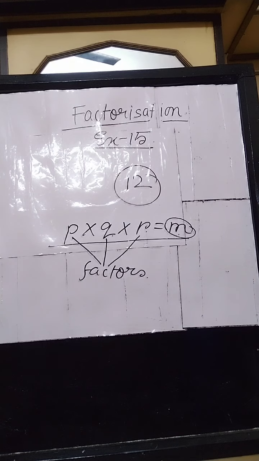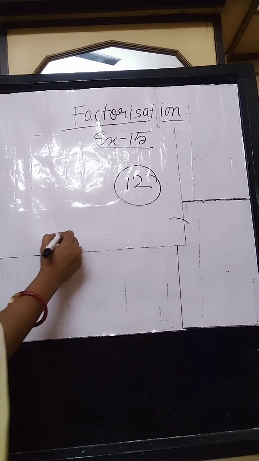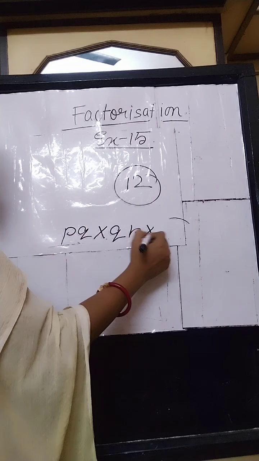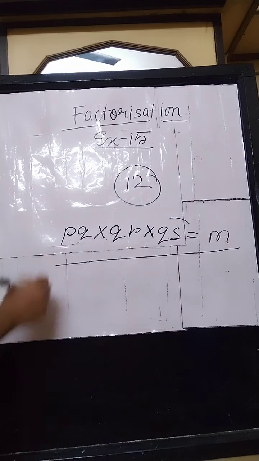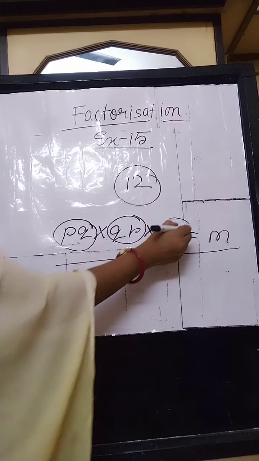Now let's talk about common factors. Let's take another algebraic expression, that is PQ into QR into QS is equal to M. Suppose this is another algebraic expression where the individual factors are PQ, QR and QS.